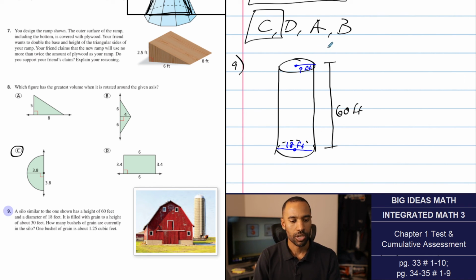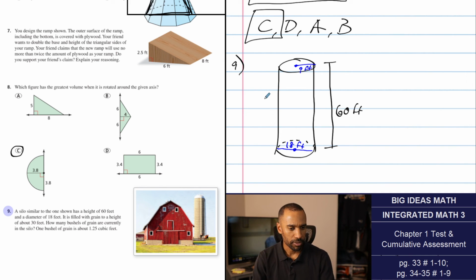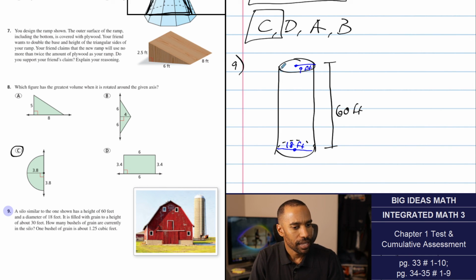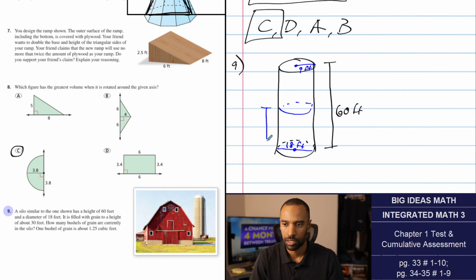Right? So this is kind of a volume-based question, I believe. It is filled with grain to a height of about 30 feet. So halfway, about, is what they say. So 30 feet. How many bushels of grain are currently in the silo? 1 bushel of grain is about 1.25 cubic feet.